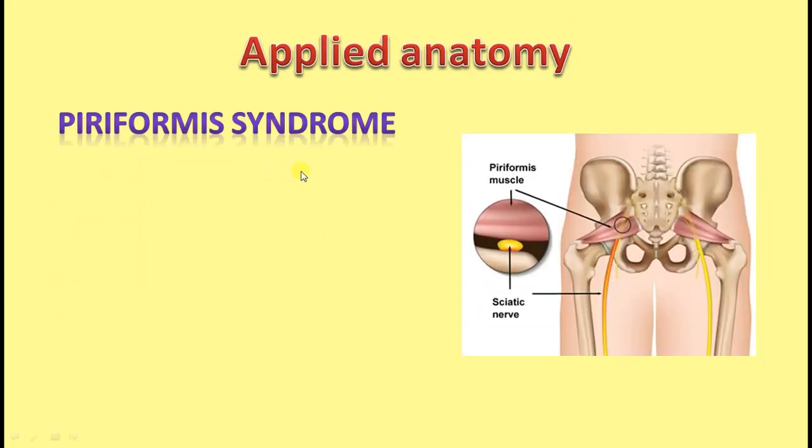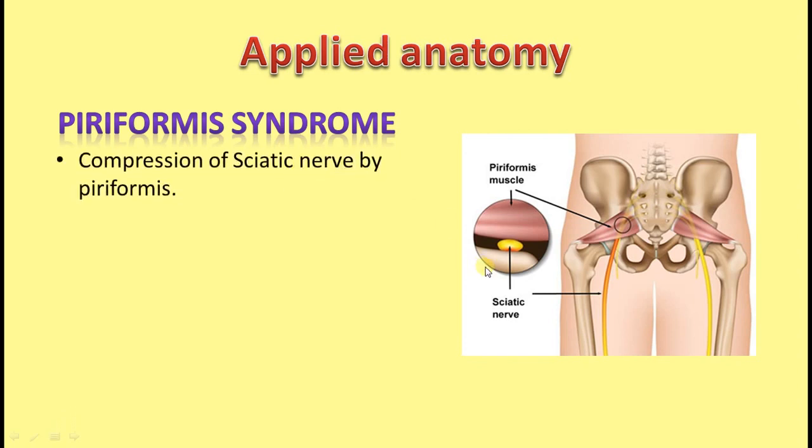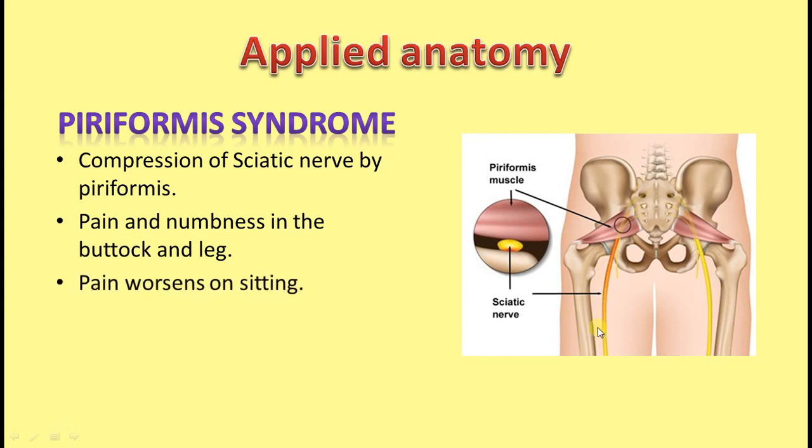Piriformis syndrome. So what is piriformis syndrome? Compression of the sciatic nerve by the piriformis, because the nerve arises at the lower border of the piriformis. Sometimes the muscle fibers can put pressure, causing pain and numbness in the buttock and along the distribution throughout the leg. When you sit, the compression is naturally more and the pain worsens.